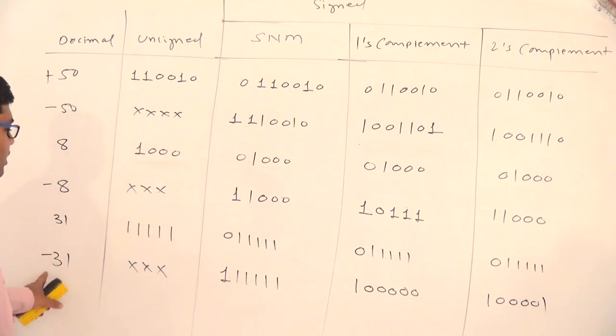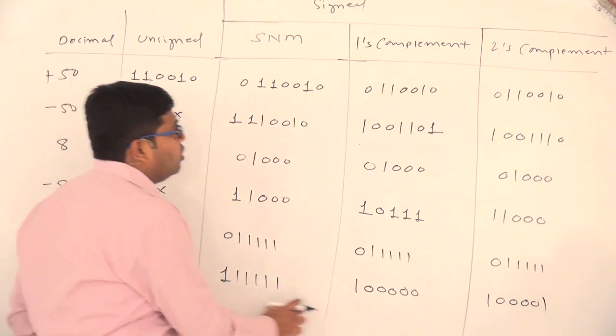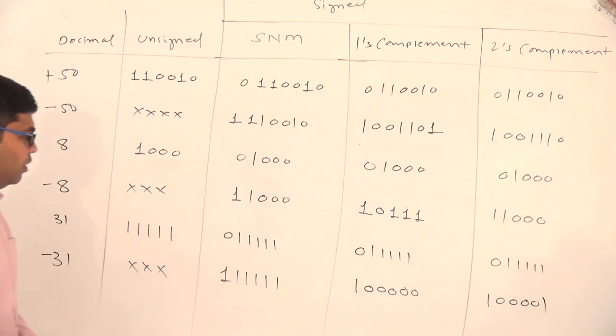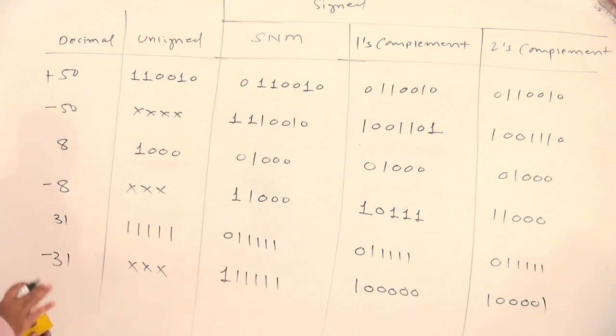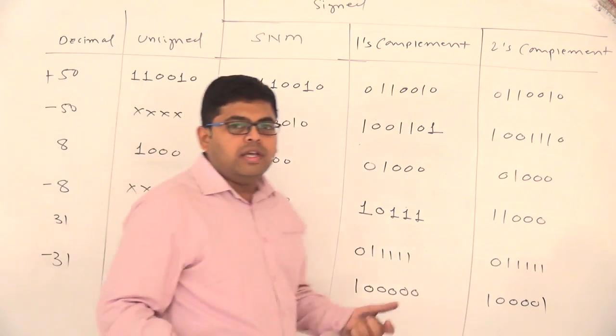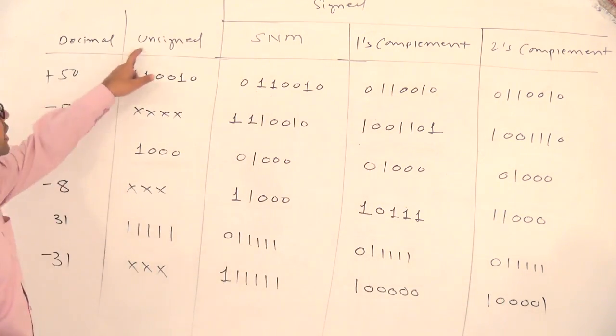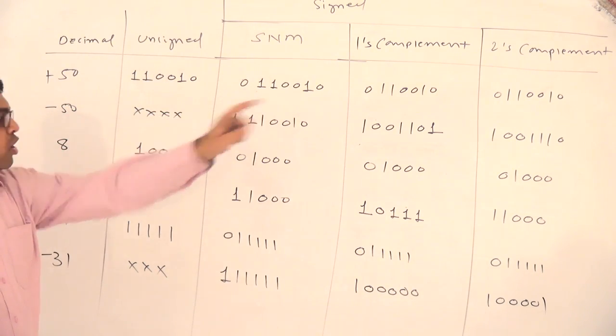So this is how minus 31 will be looking in sign and magnitude, in 1's complement as well as in 2's complement. Fine. Now in the next part we will be seeing how these values have to be interpreted, or what are the various place values in unsigned, sign and magnitude, 1's complement and 2's complement.